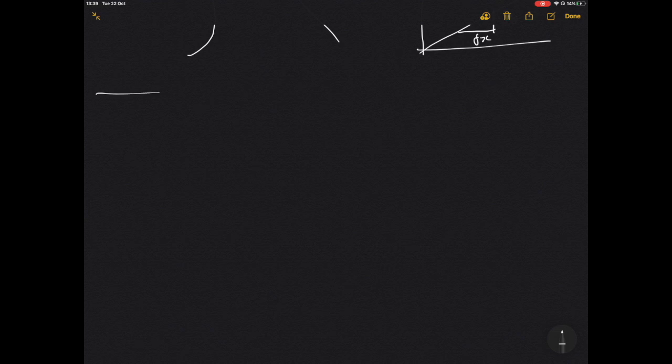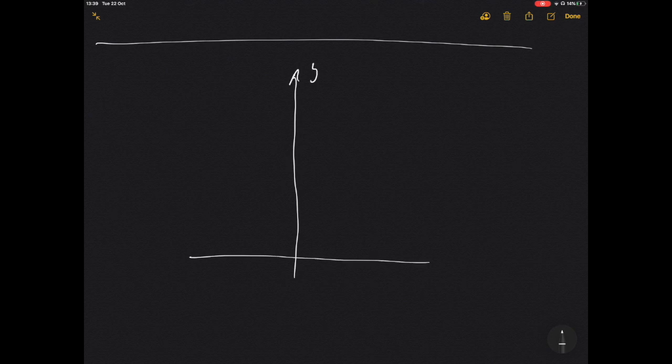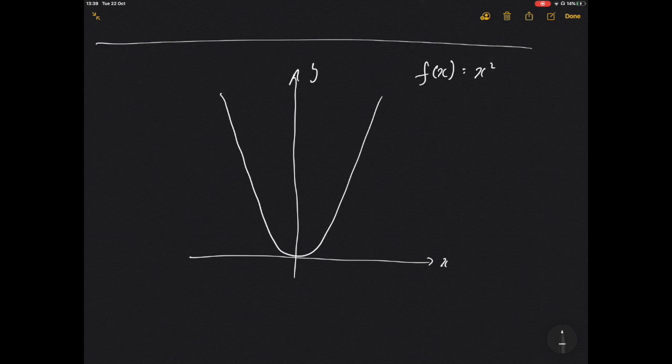So let's describe this with a few numbers then. For example, if I have a plot that looks a little bit like this, I'm going to put our y-axis on and we'll put our x-axis on, quite customary. Then I'm going to say this is going to be a function of x squared. We'll just plot x squared and draw this nice bucket here, which we described by x squared.